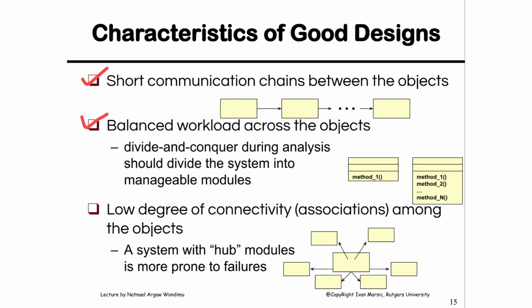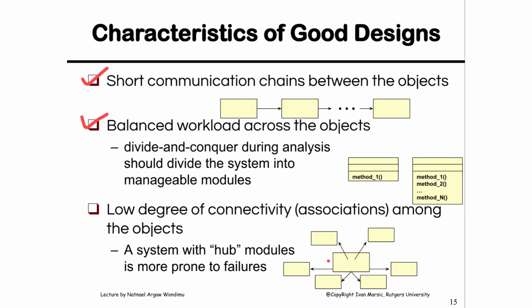So if some design has objects which have a high degree of connectivity, then we can classify that design as a bad design. But if modules or objects in a given sequence diagram have a reasonably fair amount of connection with other objects, then we can classify this as good design.